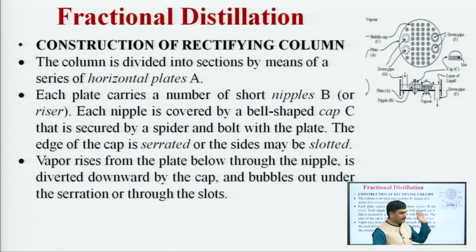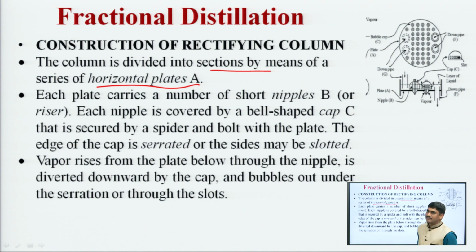Now, construction of rectification unit, as explained in the previous slide, the column is divided into sections by means of horizontal plates, that is denoted as A. So, these are the plates through which the column is divided into several number of horizontal plates. Each plate carries a short nipple. What happens?